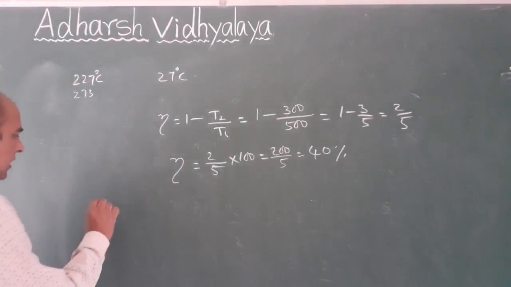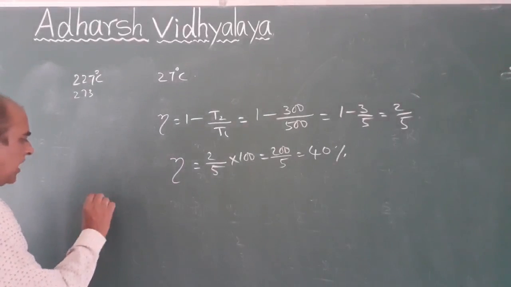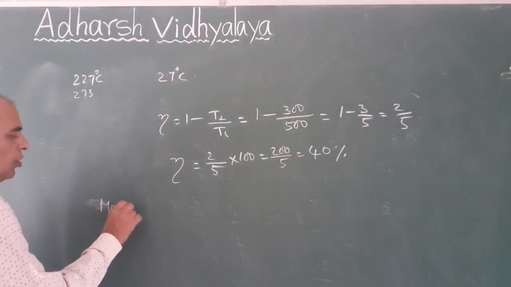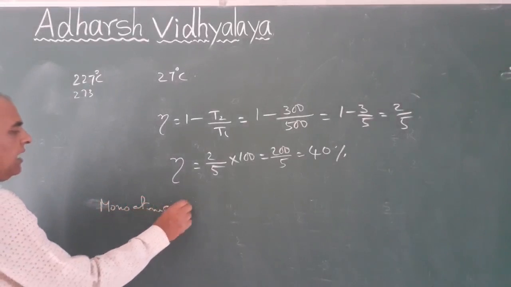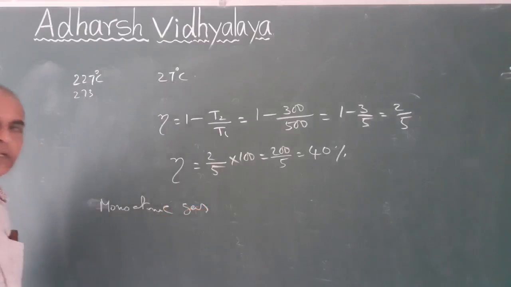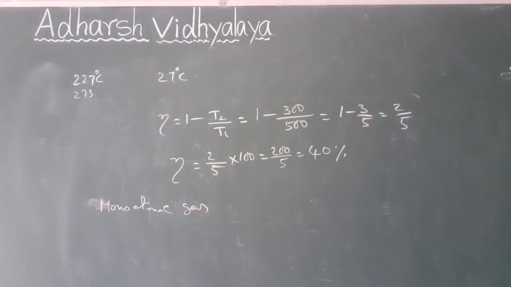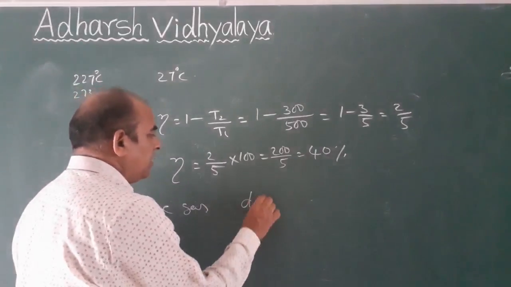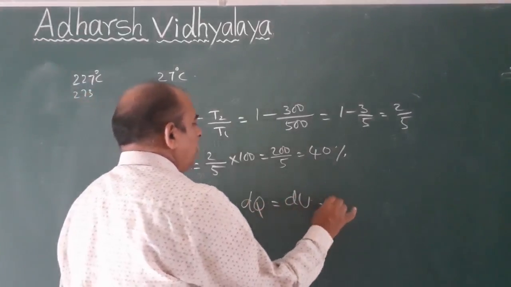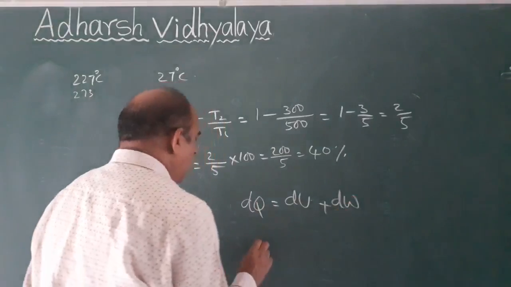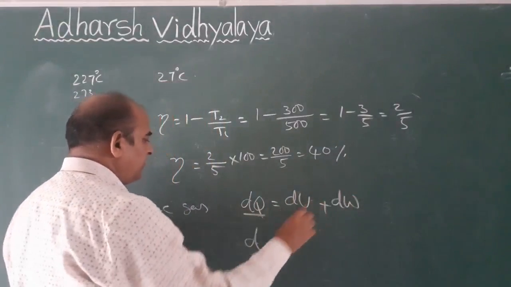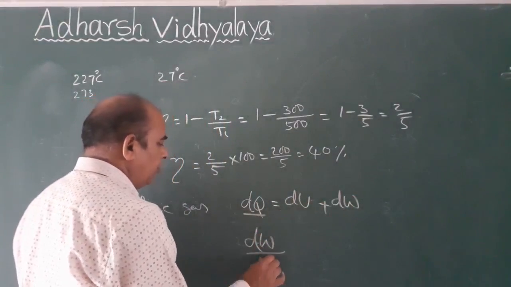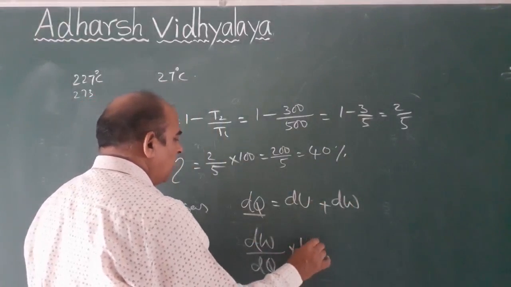Okay. A diatomic or monoatomic gas is there. Some heat energy is supplied to it. In that, what percentage is utilized for work done? So first law of thermodynamics, dQ is equal to dU plus dW. What percentage of this is utilized for work done? dW by dQ into 100, how much?